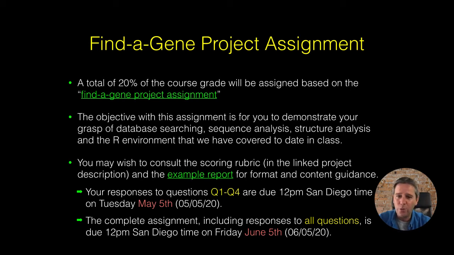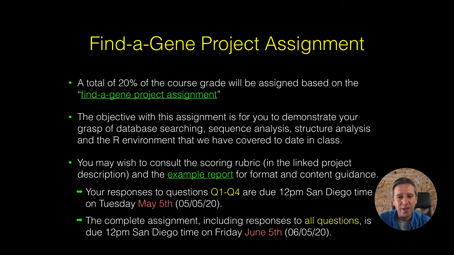Now there are two important points here at the bottom of the slide that I want to make sure you're aware of. That is that we've divided it up for this term, for this quarter, into two sections. There are 10 questions in total, but I want you to answer questions 1 to 4 relatively quickly. You see they're due May 5th, so 5th of the 5th, 2020, so there should be no ambiguity about it.